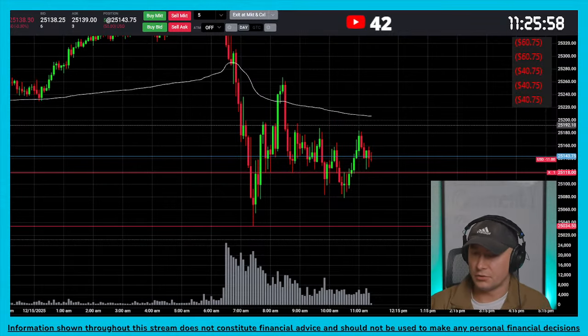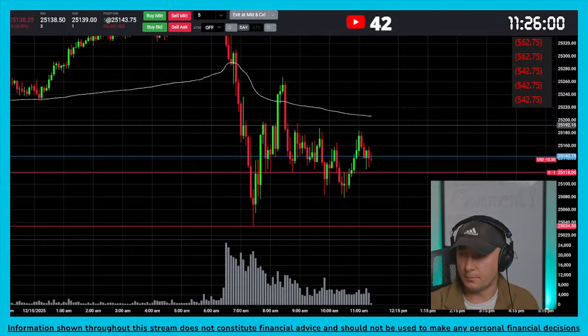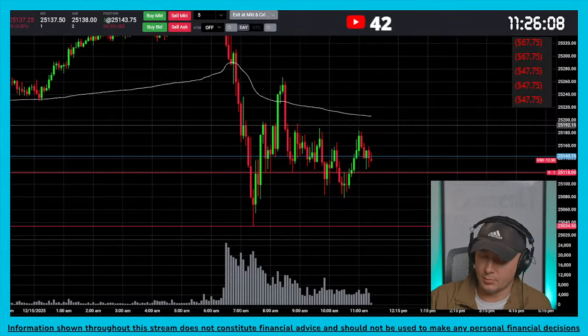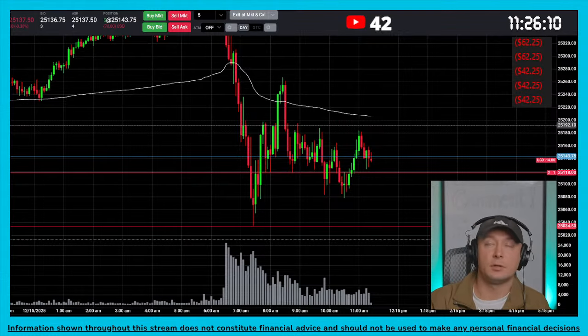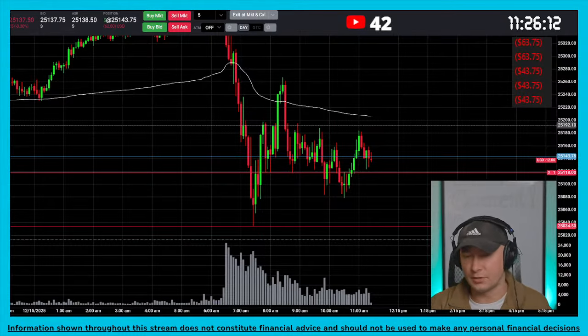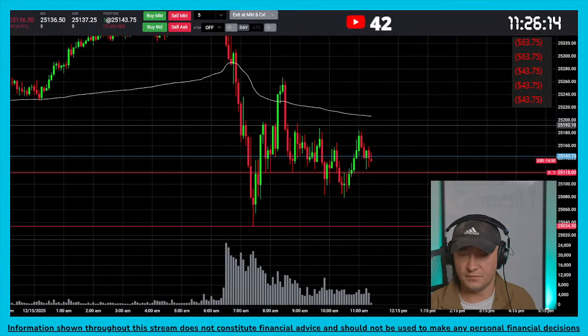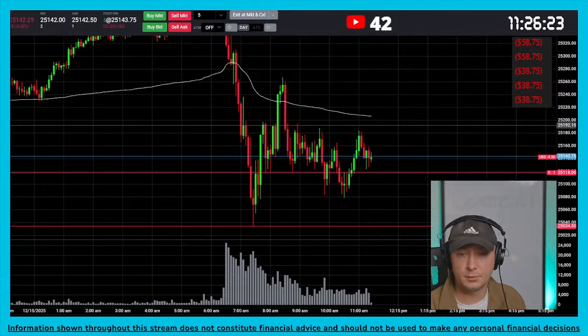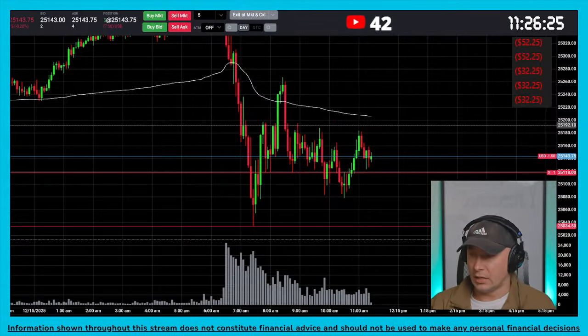I feel like that would be a great strategy for swing trading. Swing trading stocks and all kinds of stuff. Be in and out pretty quick. But for futures, it would probably be a great strategy as long as you have the sufficient buying power for it and ability to hold overnight. I think that would be a great swing trading strategy, because you would be in and out of markets.